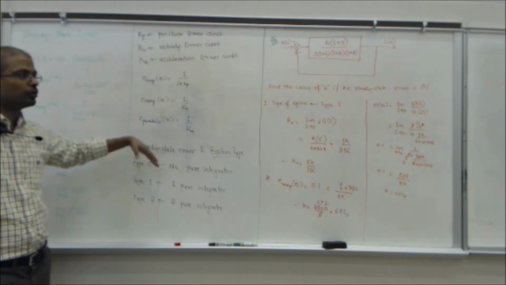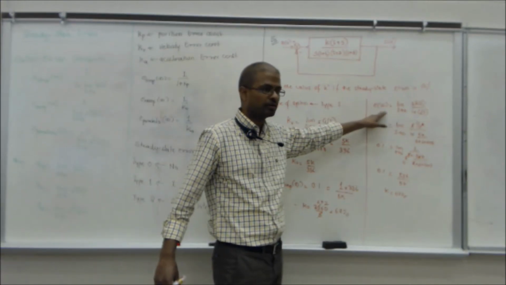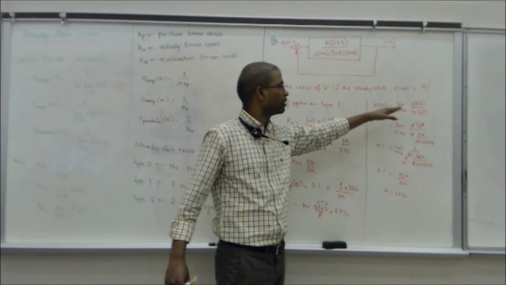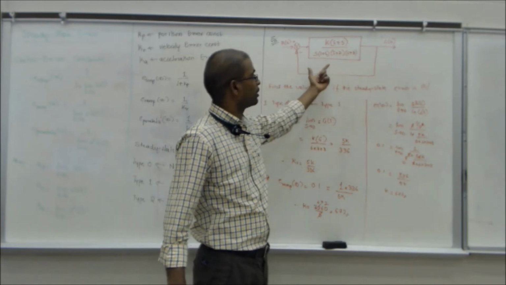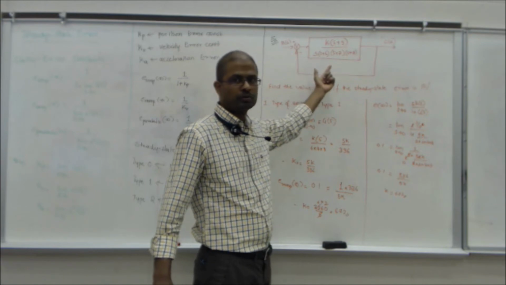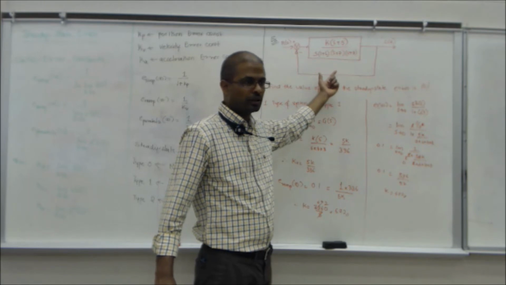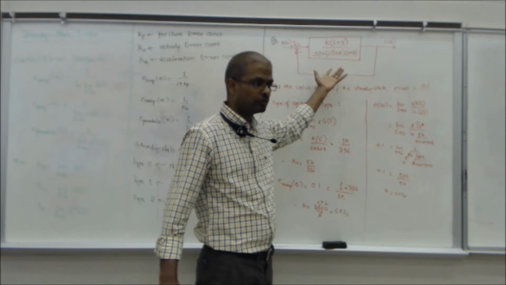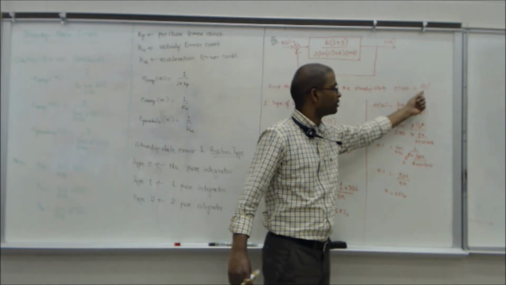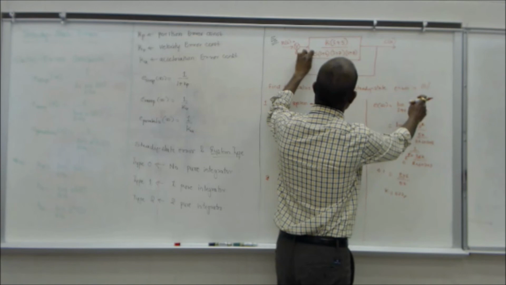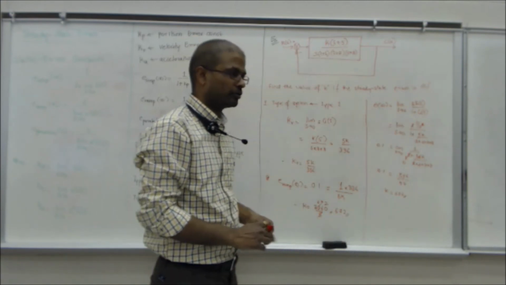If you don't want to do that, you can start with first principles. This is the basic definition of steady state error. If you remember this, you can substitute R of s, because here you have to understand that the input will not be given to you. You see the problem, the input is not given, right? So you have to know that these two pieces of information combined say that the input is a ramp input.